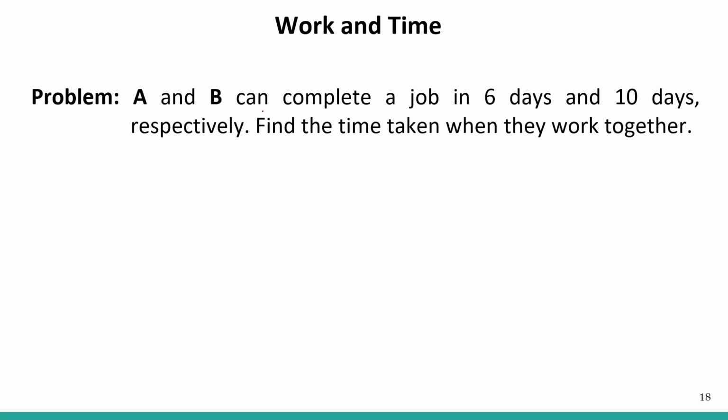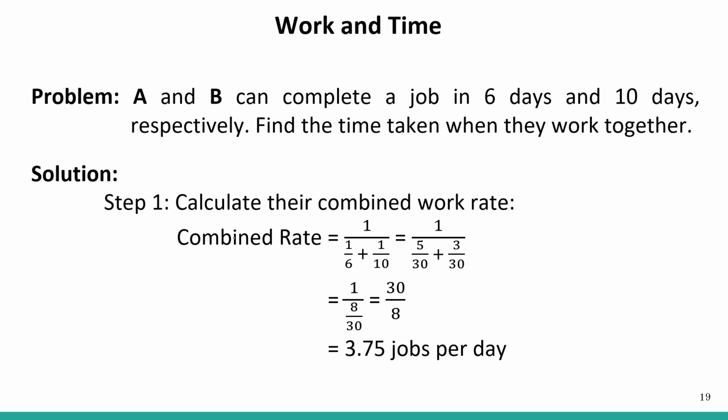Given that A and B can complete a job in 6 days and 10 days, A can complete it in 6 days and B can complete it in 10 days. Find the time taken when they work together. Step 1 is calculating the combined work rate.